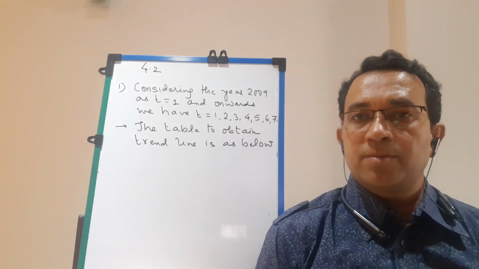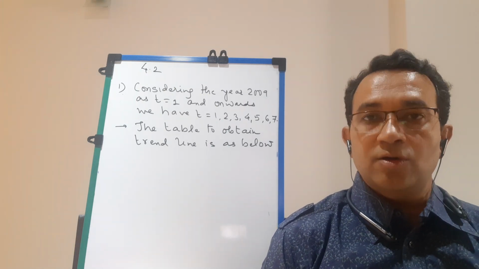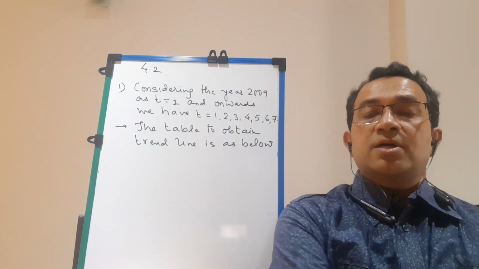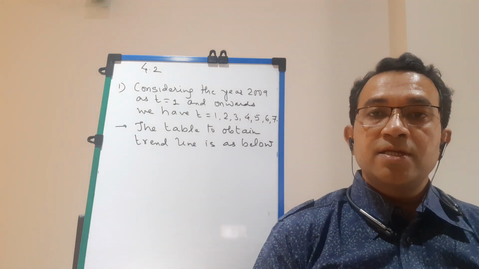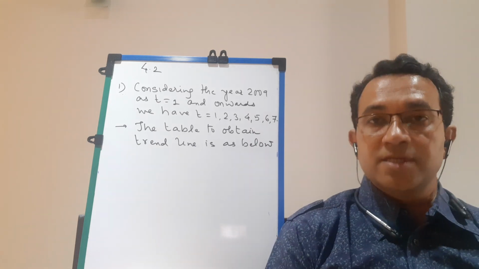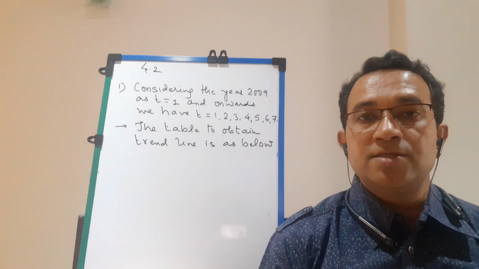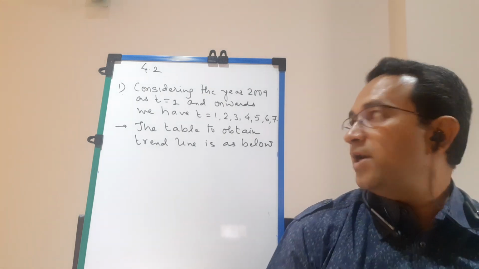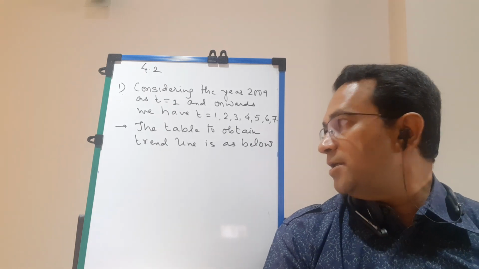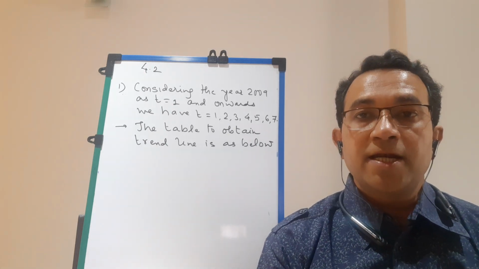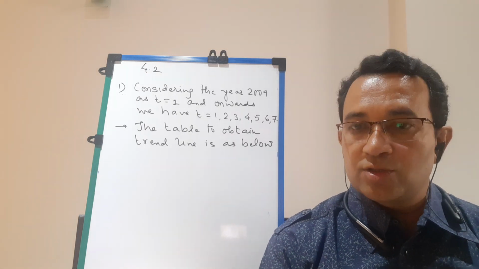Both are correct, but let us follow this. So these two steps are universal, students. First step, considering the year 2009, whatever is given in the question, as t is equal to 1, 2010 as t is equal to 2, and onwards the values of t are 7. Then the next step, we write the table to obtain trend line or trend line equation or constants b and a is as below, students.